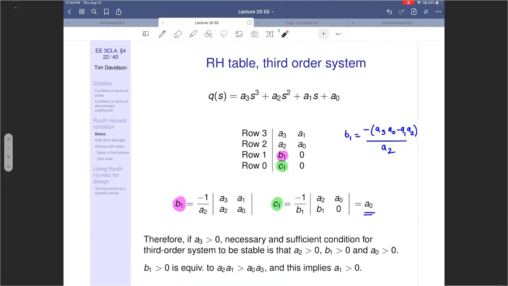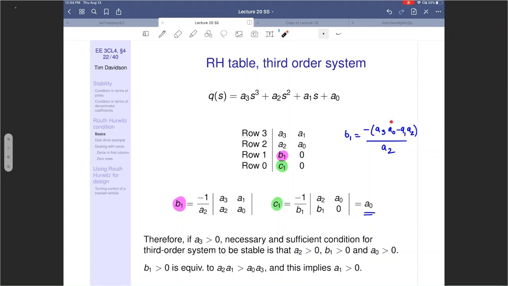Now, using this, we can conclude that A3 greater than 0, that means the top coefficient is greater than 0 here, is a necessary and sufficient condition for the third order system to be stable. Now we need A2 to be positive, B1 to be positive, and A0 to be positive. So if A3 is greater than 0, then for stability, I need A2 to be positive, B1 to be positive, C1 to be positive.